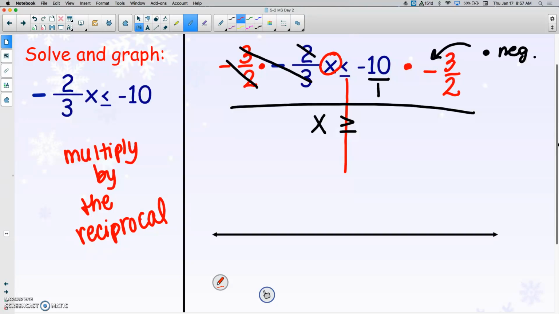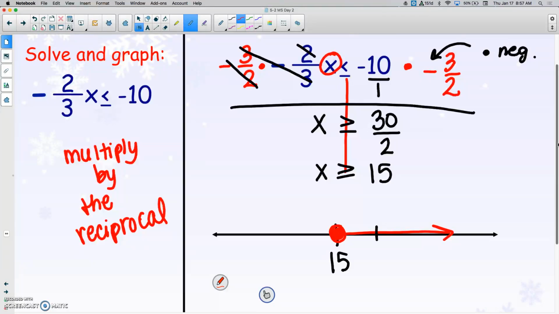So negative 10 times negative 3 is positive 30, and 1 times 2 is 2. I can simplify this. 30 divided by 2 is 15. So x is greater than or equal to 15. So I have a closed circle on 15. Greater than or equal to goes to the right. So I would have 16 and then 17, like that.